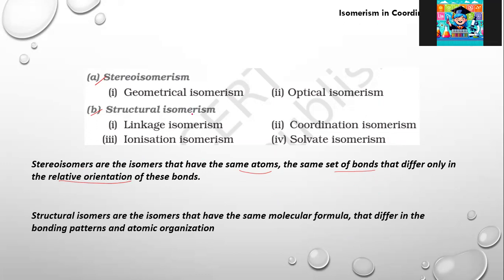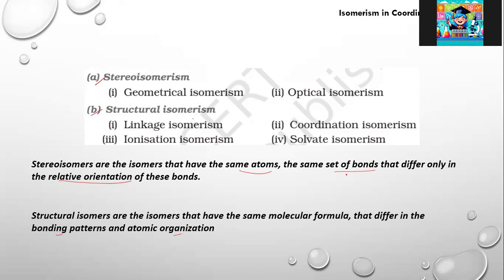Now coming to structural isomerism. Structural isomerism is where the isomers have the same molecular formula, the same atoms, but they differ in the bonding patterns. The type of bonds or set of bonds in structural isomers will be different. So atomic organization and bonding is different for structural isomerism.